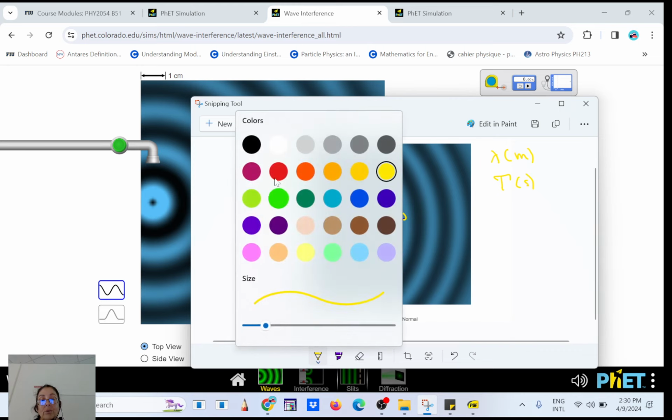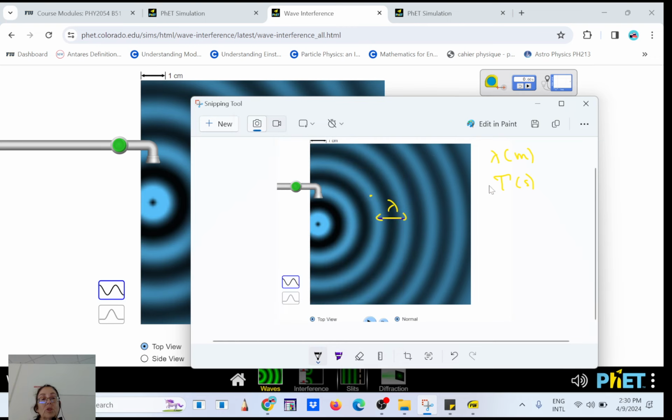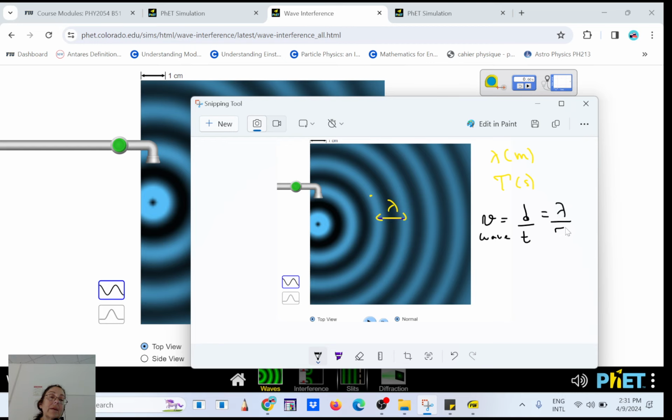So the speed of the wave is going to be distance over time. So it's going to be the wavelength divided by the period. And remember that 1 over the period is the frequency. Frequency means how many ups and downs in 1 second.